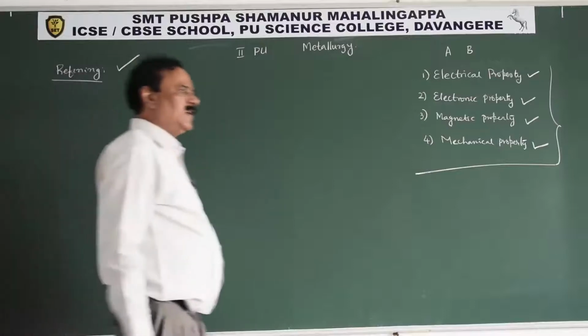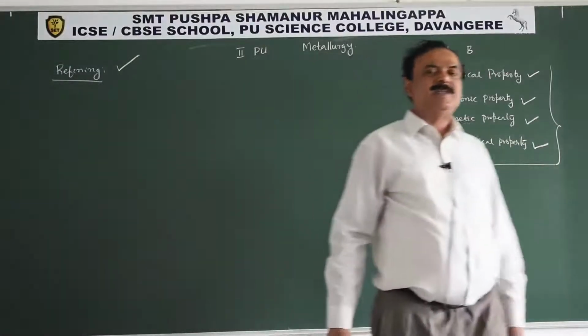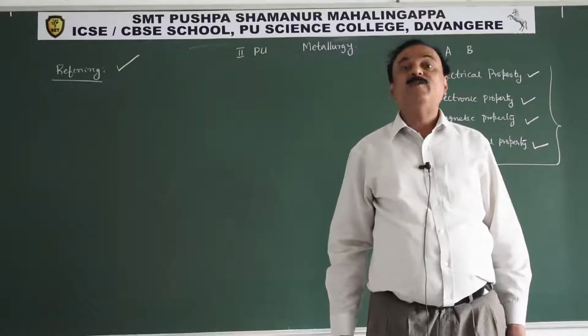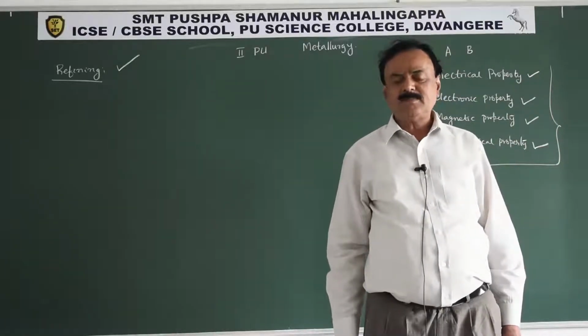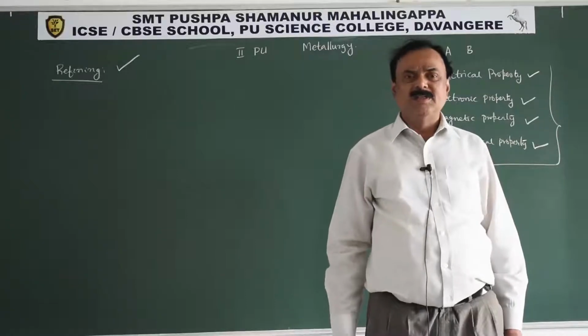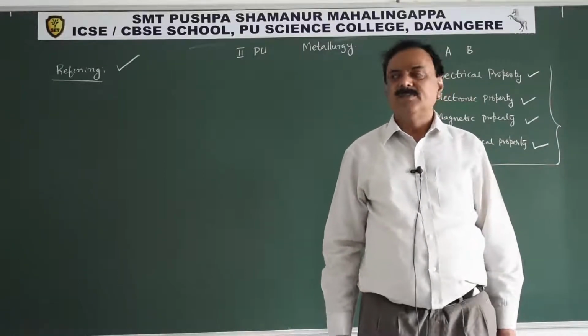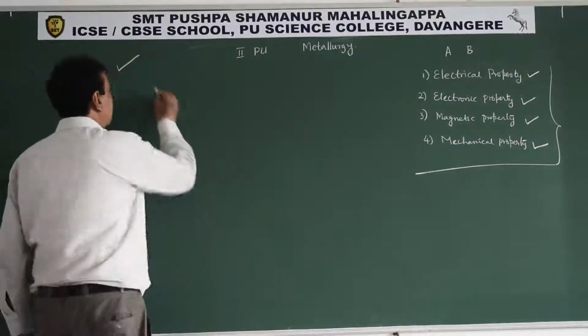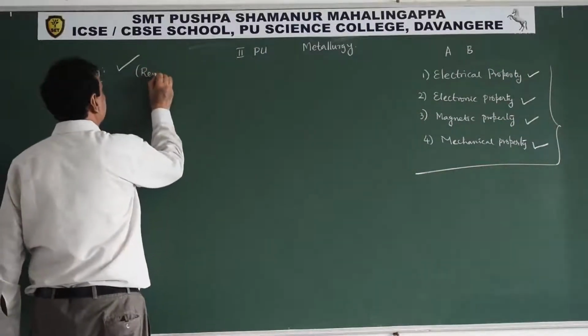Now, what is refining? Removal of the last traces of the impurities from the crude metal after the smelting operation, that is, after the reduction process, is called refining.